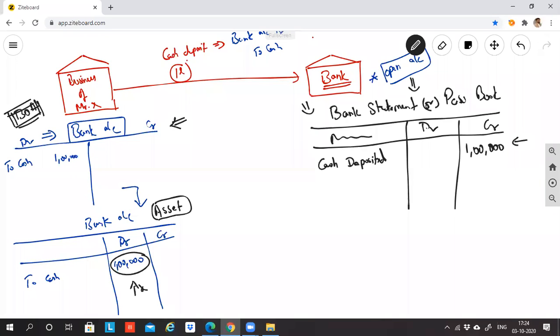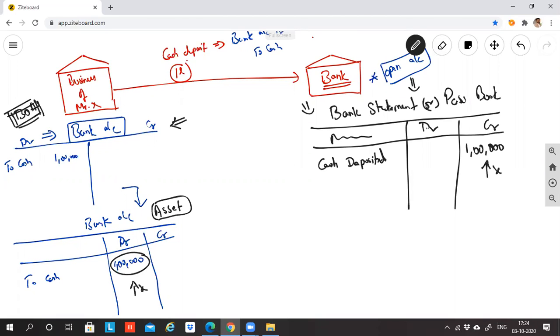Credit, sir. Credit balance. Now when you gave your money to the bank, the bank is liable to pay that money back to you. So it increases the liability of the bank. When you go and give your money to the bank, since that money is not the bank's money, the liability of the bank is increasing, because tomorrow whenever you demand that money back, the bank has to give that money to you again.